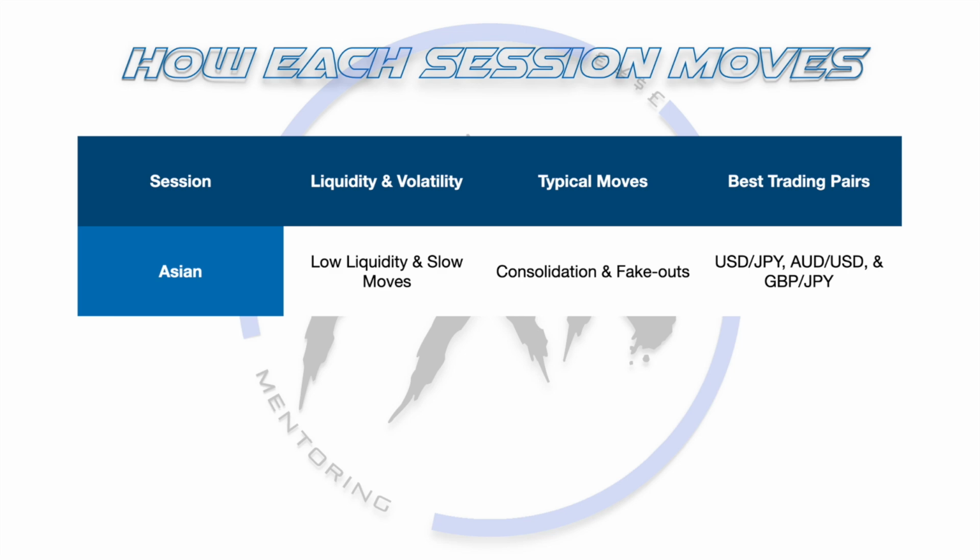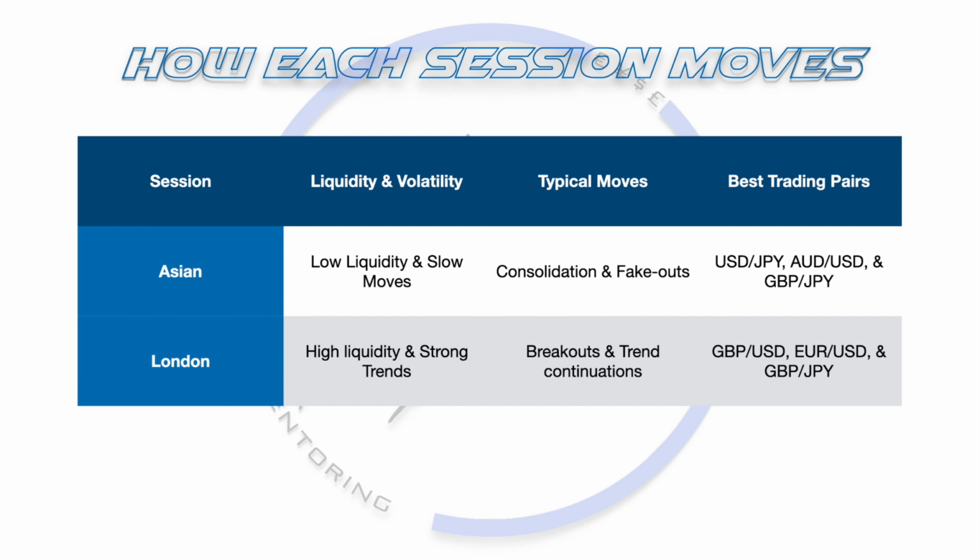Anything that has either JPY, AUD, or NZD is going to move the most in the actual Asian session. The Asian session is primarily a setup phase for the day. Smart traders use this time to mark up the key levels, watch for liquidity traps, and wait for the real move in London. That brings us to the London session.